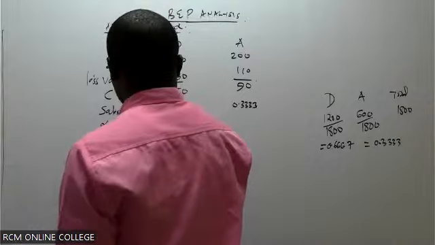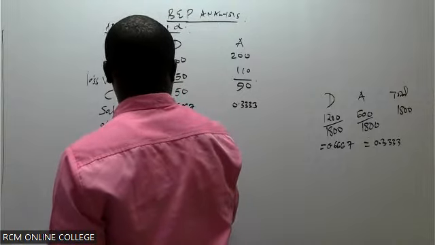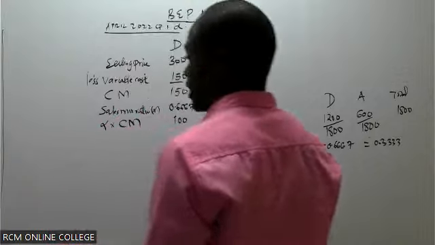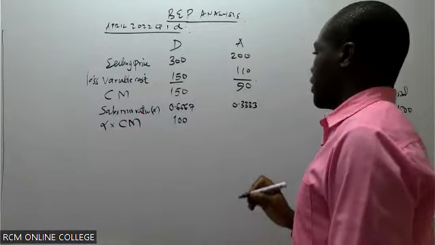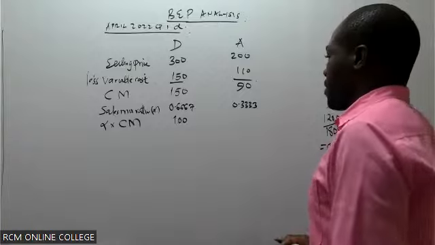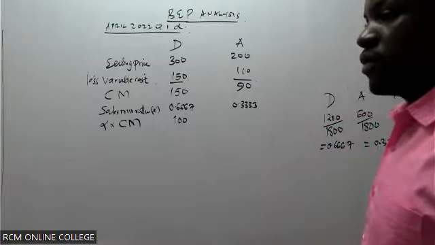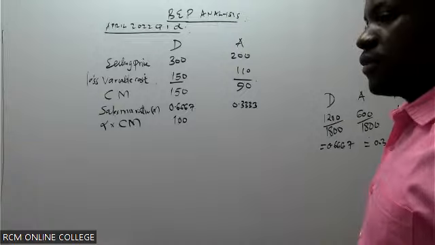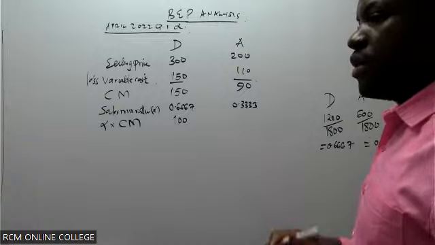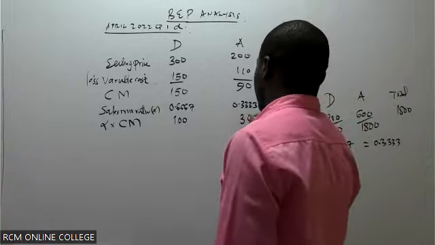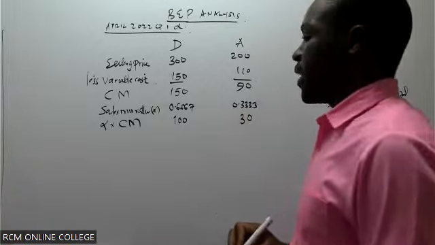We are getting 100. If you did not round off, you should be getting a whole figure, which is 100, right? Good. How about this other side? If you take 0.3333 by 90, we'll be having 30 without those decimals.